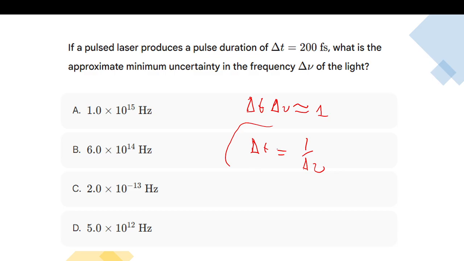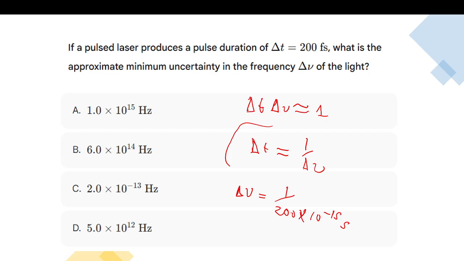So approximately, we need to find del nu, and we can easily find it: del nu is equal to 1 by del t, which is 200 into 10 to the power minus 15 second.